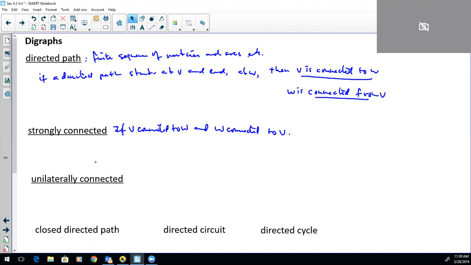Okay. Now, unilaterally connected just means there is some directed path that connects one of these to the other.